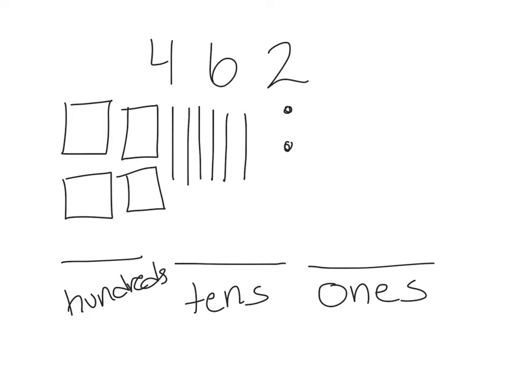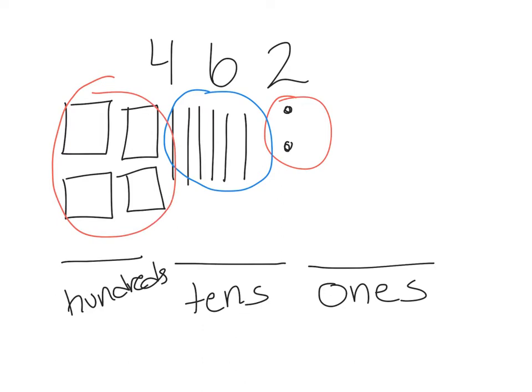In our 1s place, we can only put 1s. In our 10s place, we can only have 10s. And in our 100s place, we can only have 100s. 100s cannot go into the 10s. 10s cannot go into the 1s because it doesn't fit.